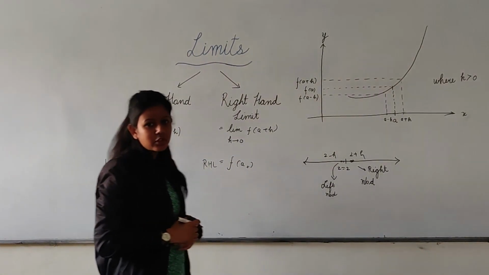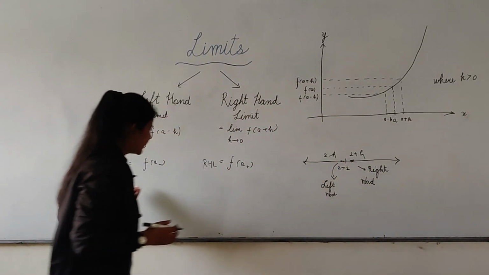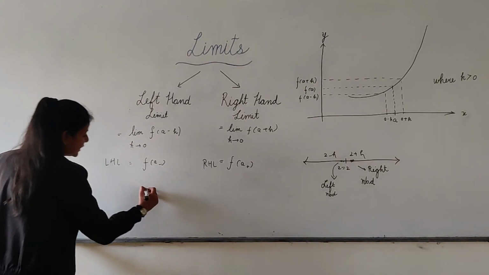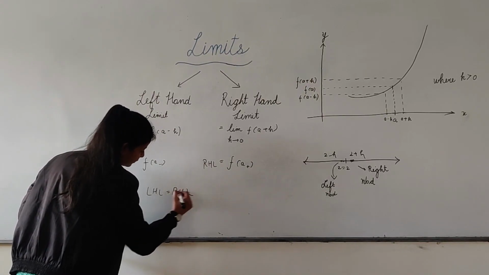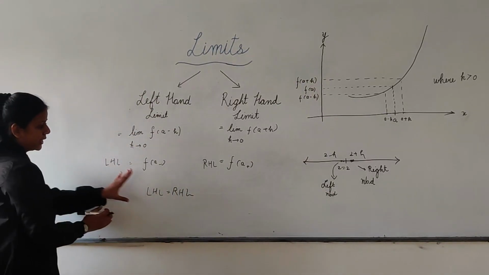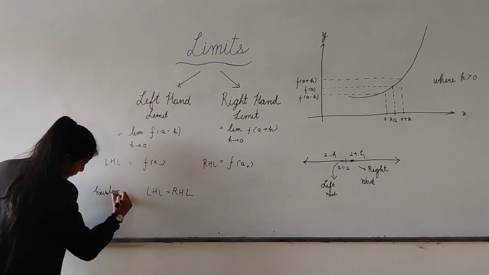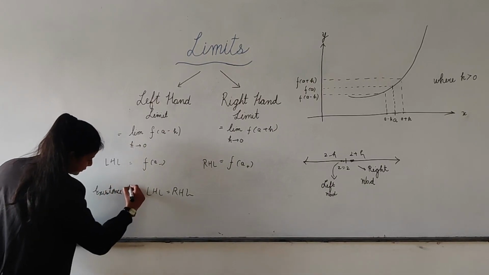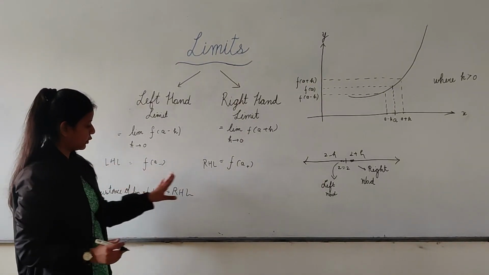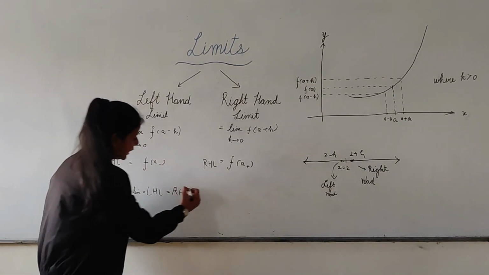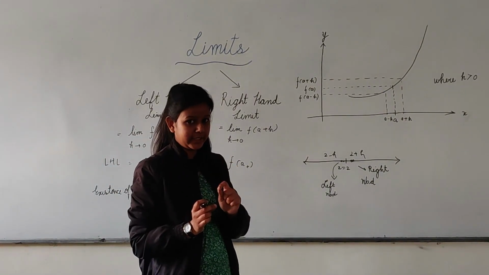Now for the existence of limit, we need the two values to be the same. So for the existence of limit, we have LHL equal to RHL. This is the basic definition for the existence of limit. That is, left hand side limit is equal to right hand side limit. And the most important thing is that it should be finite.